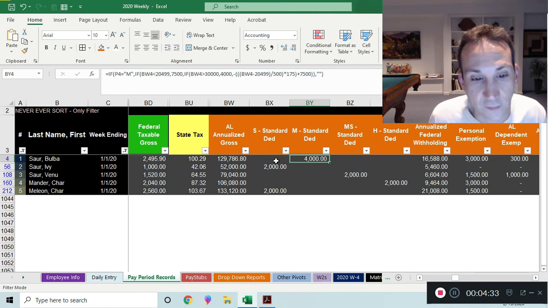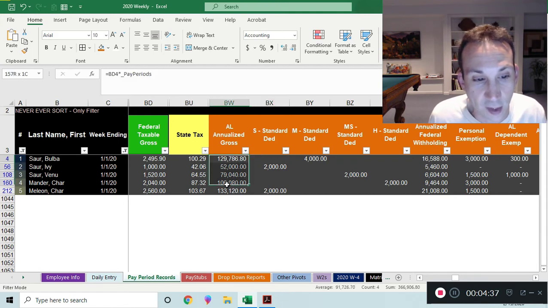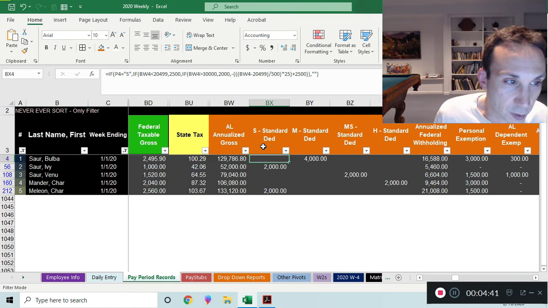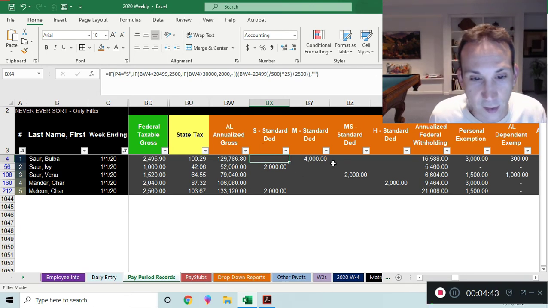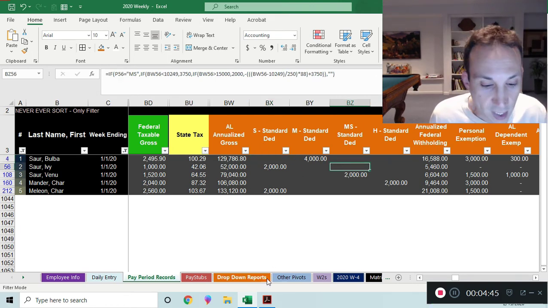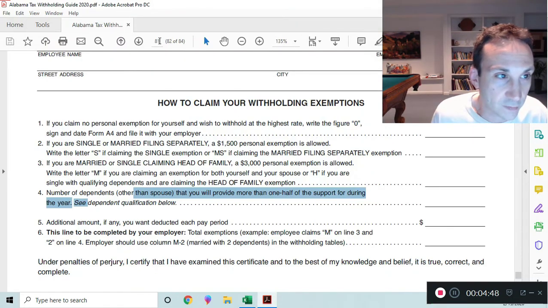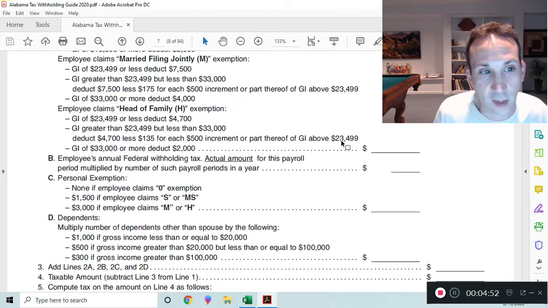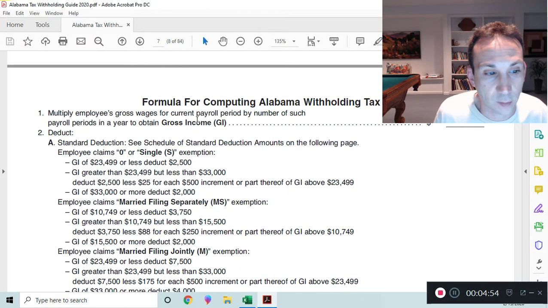And there's these formulas that I have in these cells here that look at a different range of potential annualized incomes that you could have. And if they're below 20,000 or below 30,000, it could be a different amount of a standard deduction. It's a formula that is involved in this area of the instructions of the Alabama withholding guide.